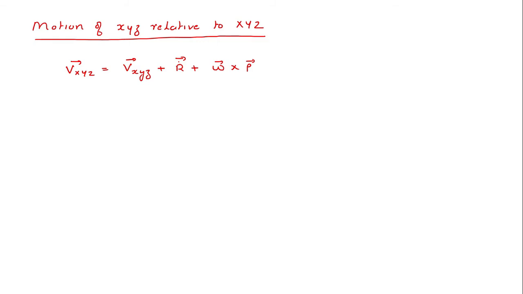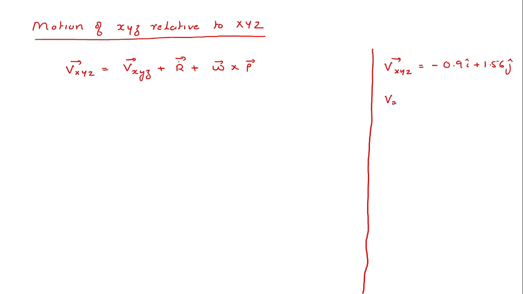Now here again we look into each of these terms. V capital XYZ we have already obtained earlier, that is equal to minus 0.9 i cap plus 1.56 into j cap.